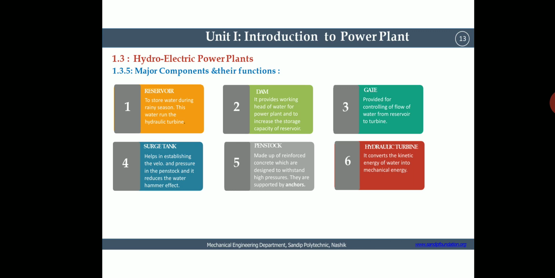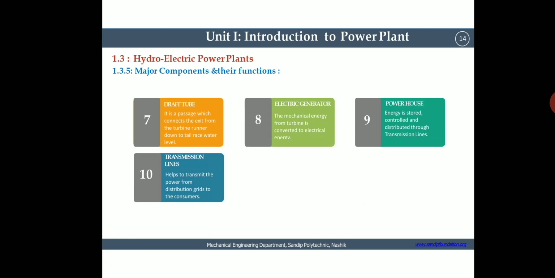Penstock is made up of reinforced concrete, designed to withstand high pressure. They are supported by anchors. Hydraulic turbine converts the kinetic energy of water into mechanical energy. Draft tube is a passage which connects the exit from the turbine runner down to the tail race water level.